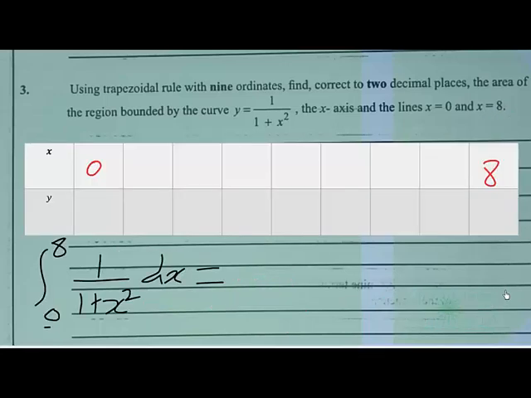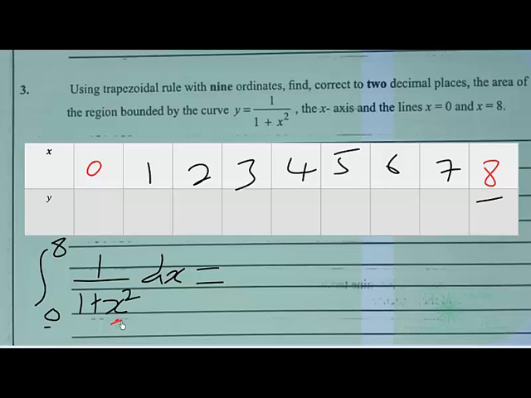So 0 plus 1 will give us 1. Then 1 plus 1, 2. 2 plus 1, 3. 4. Plus 1, 5. Plus 1, 6. Plus 1, 7. Plus 1, 8. So we now fix in x equals 0 right here.